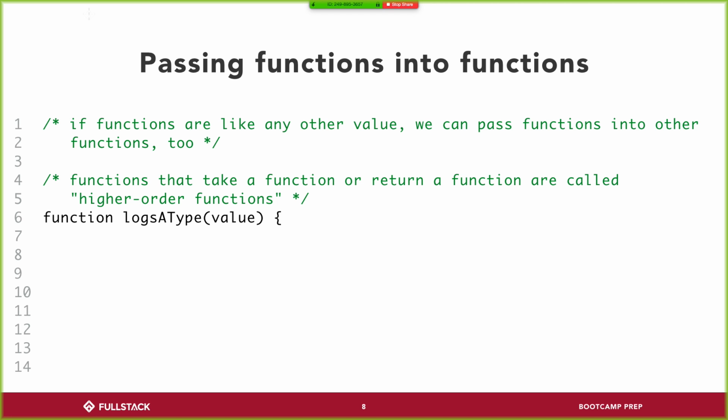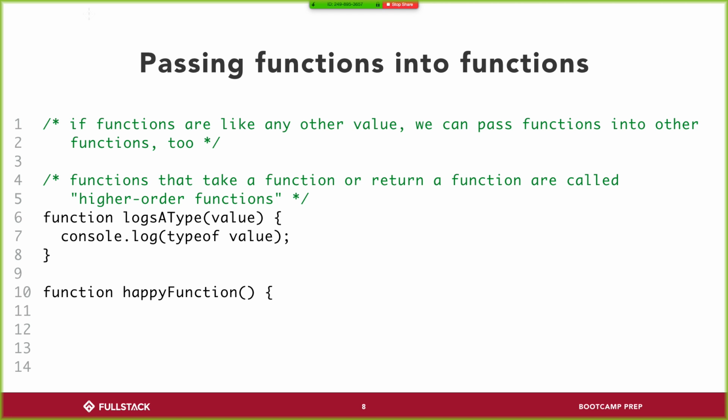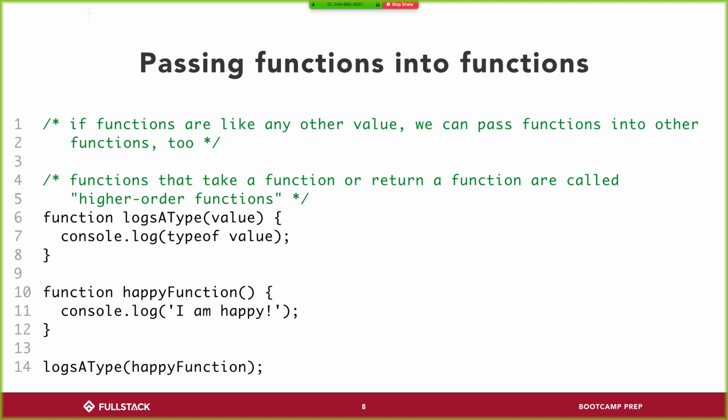It's basically a function that takes a function or returns a function; those are called higher order functions. But when we log the type of, any guesses as to what this would log when we're passing in a function to this log as logs a type?